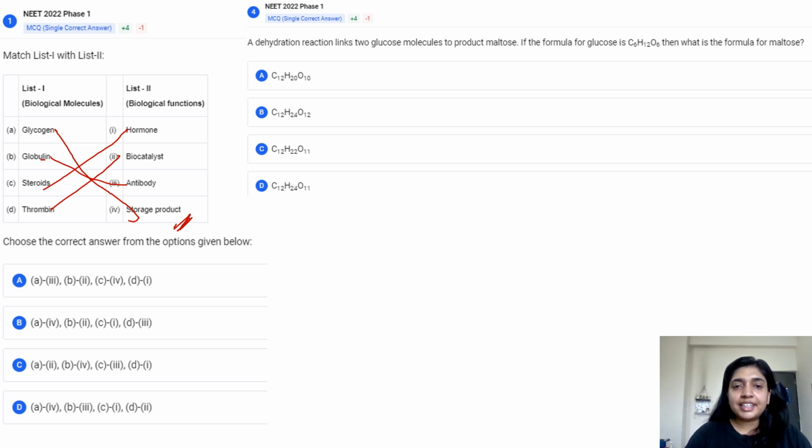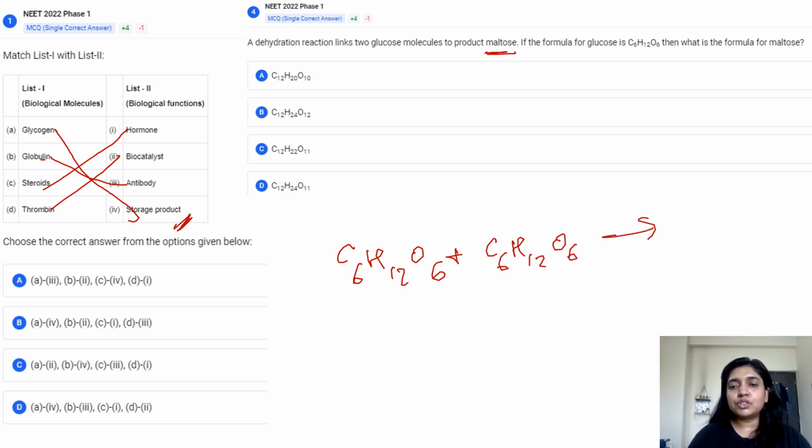All right, so a dehydration reaction links two glucose molecules to produce maltose. So 2C6H12O6 plus C6H12O6 will give you maltose. So we have to find out the formula for maltose.